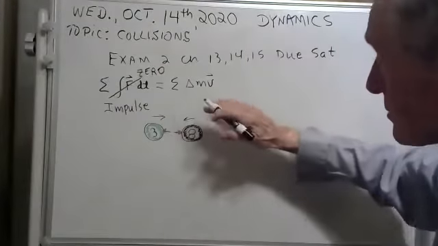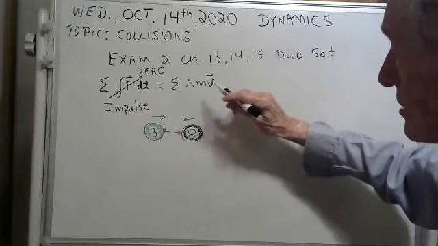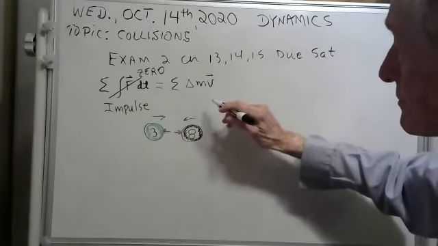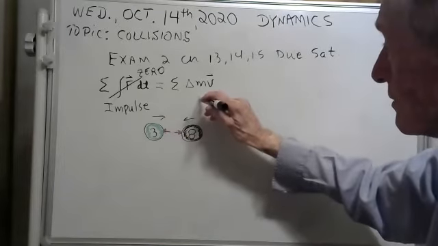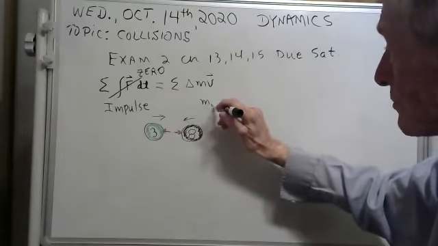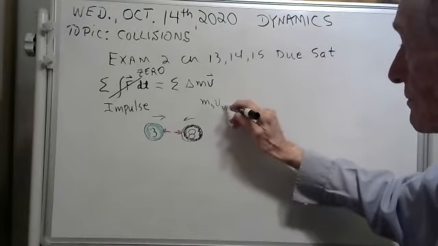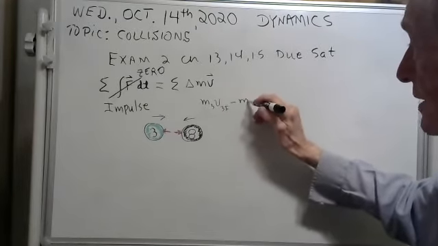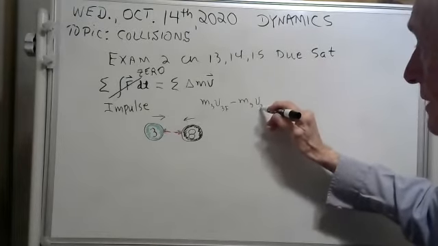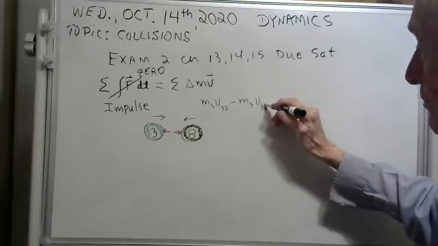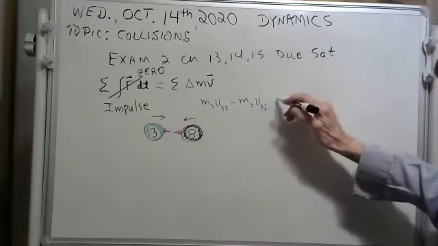Now what this is, that's the change in momentum. We'll label that 3. You have the mass of the 3-ball times the final velocity of the 3-ball minus the mass of the 3-ball times the initial velocity of the 3-ball. See, that's the change in momentum of the 3-ball.